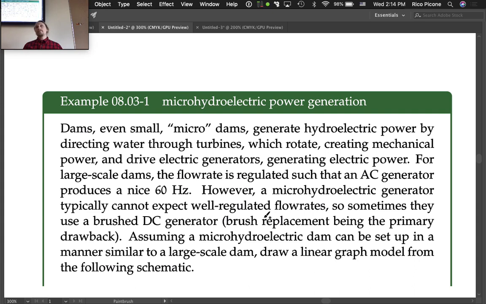So that's kind of the ideal case: you've got an AC motor, well, generator, right? It's kind of the same thing. And you drive it so that it rotates at the frequency that you want, and you get a nice power signal out at the frequency that you're looking for. So that's how dams do it.